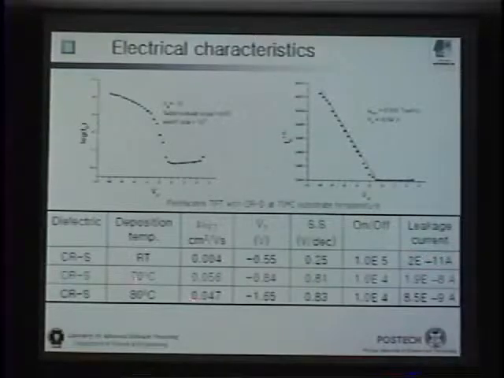While the mobility is around 0.045, we are not in a good environment to make a good transistor, so this one shows a little bit poor compared to other good results. But at least you can compare relatively, in this case, the CRS and PMMA.